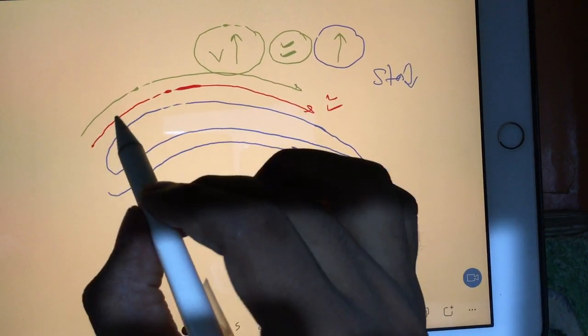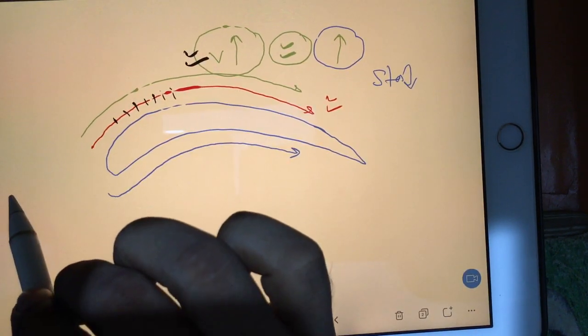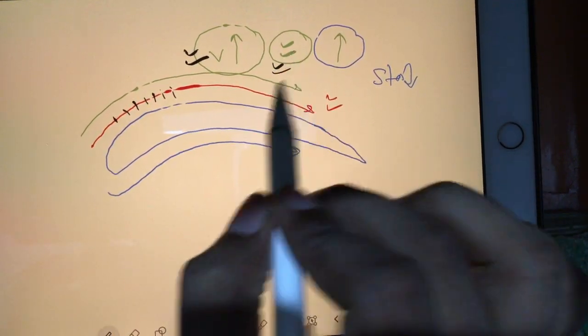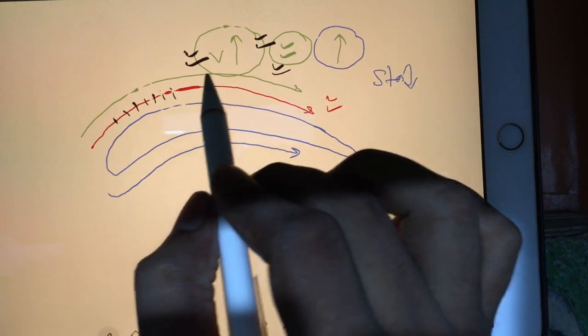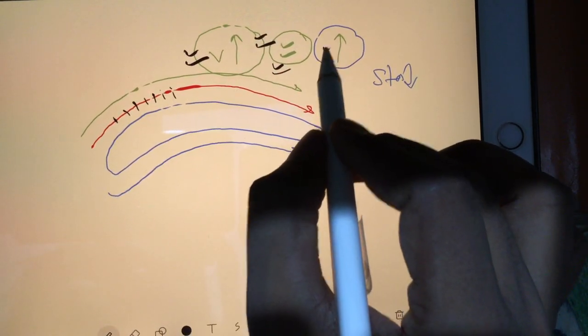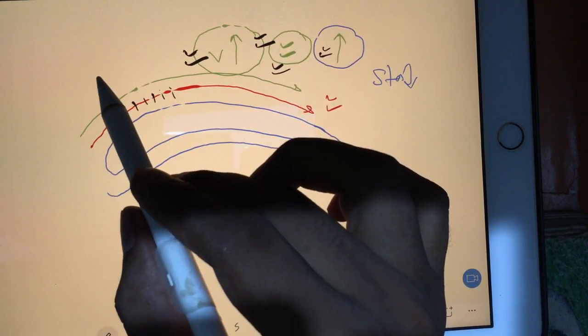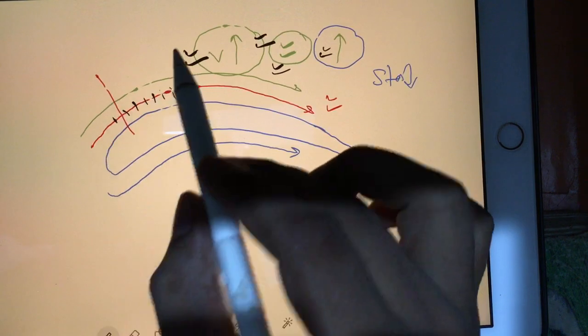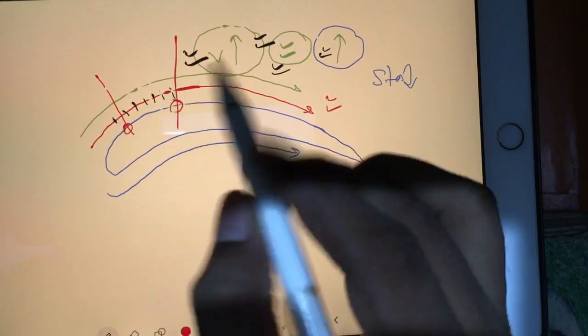It means at every point you will have different velocity, and because of that different dynamic pressure. Dynamic pressure will keep on increasing, and because of that your static pressure will decrease. Suppose you compare this point with this point, actually you can say this station with this station.